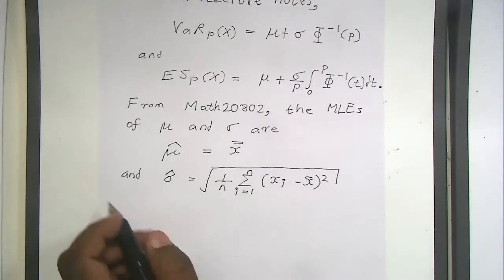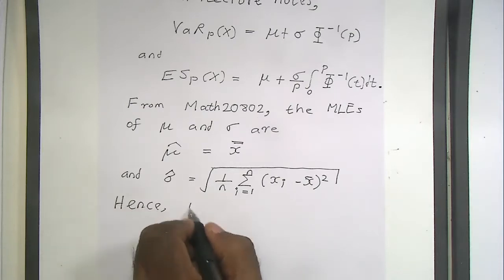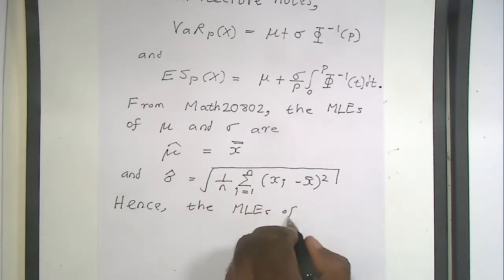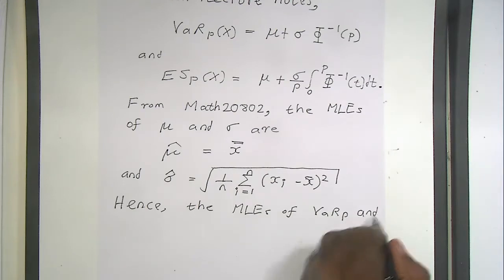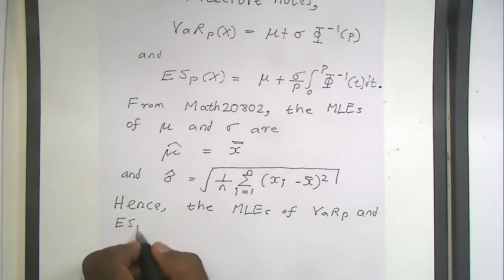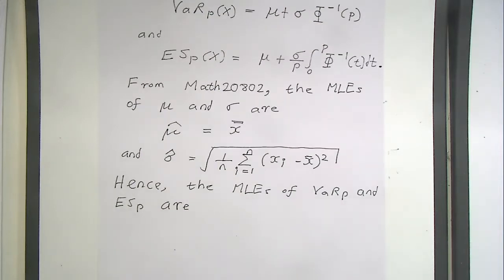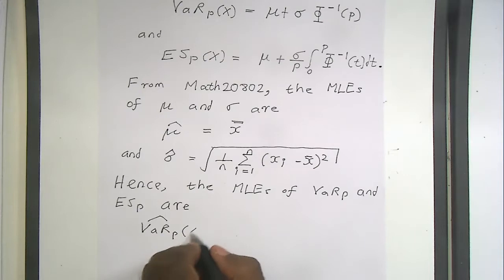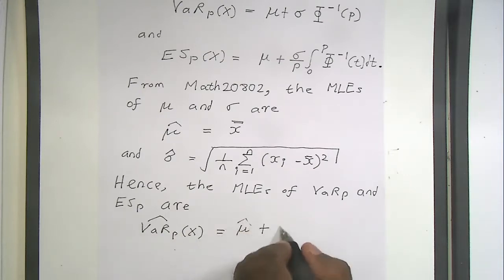Right? So hence the MLEs for VaR and ES are as follows. So for VaR, the MLE will be mu hat plus sigma hat.